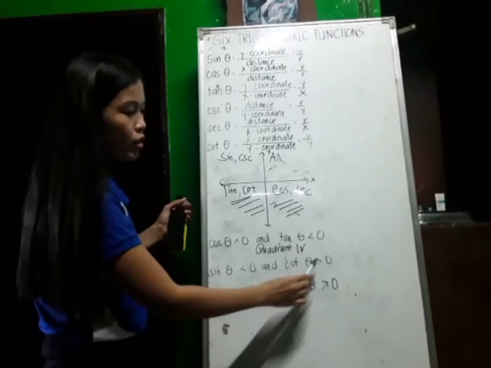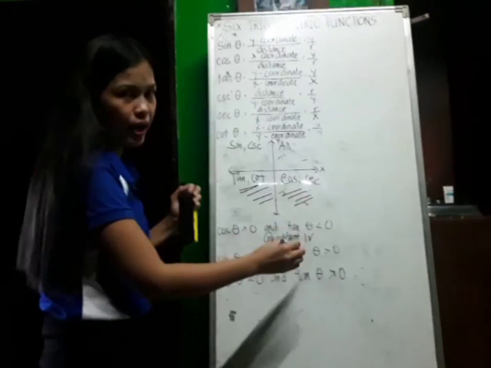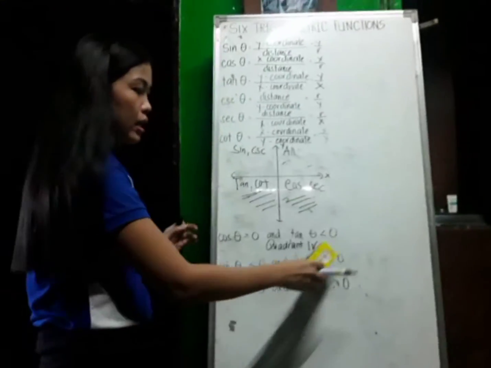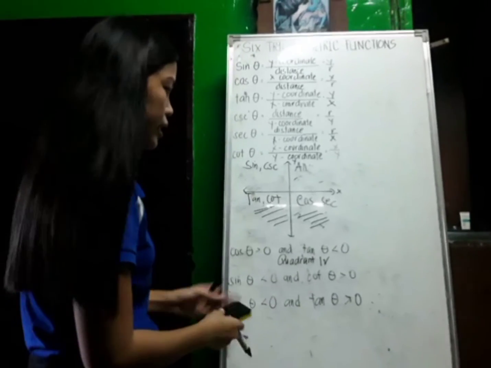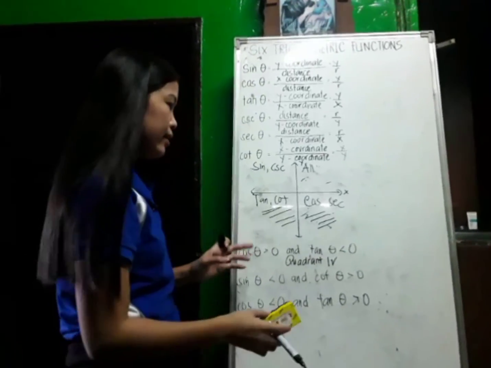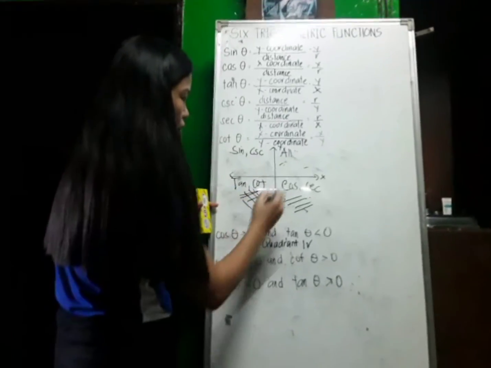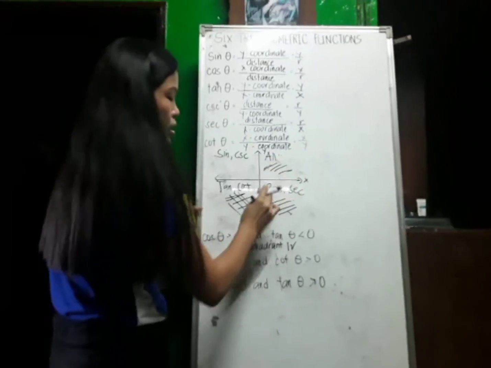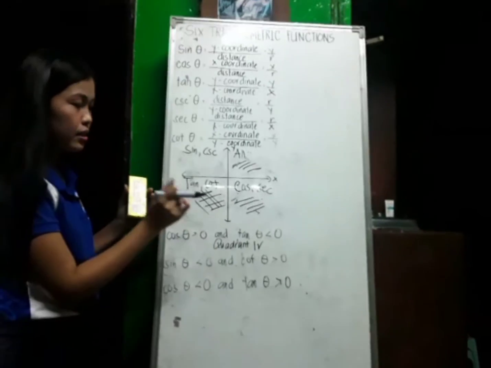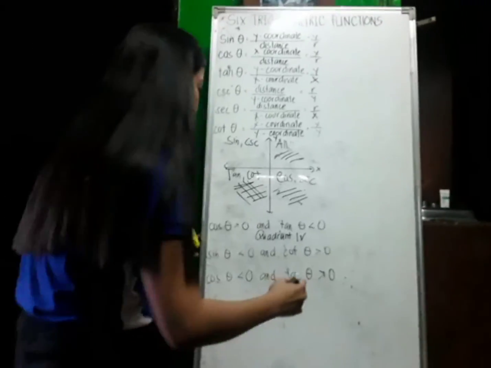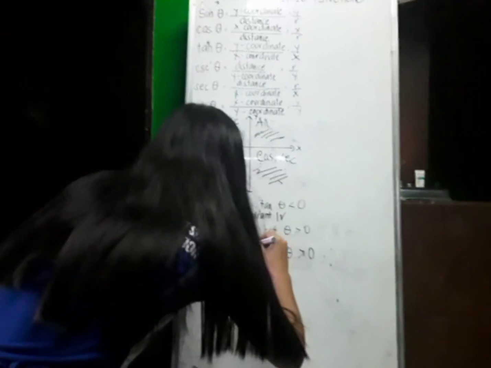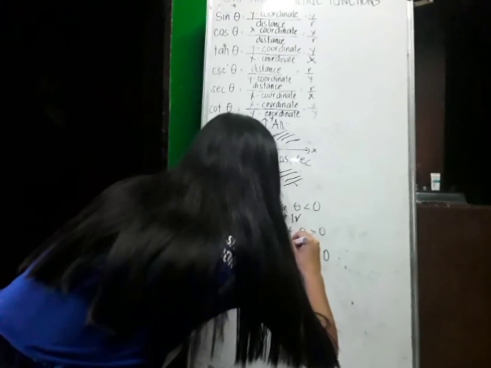And the second one is cotangent theta is greater than 0. Cotangent is positive here because it is greater than 0. So the common is quadrant 3.